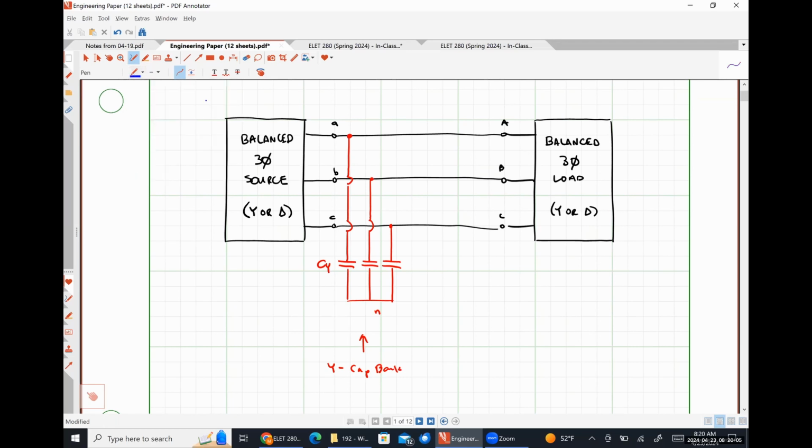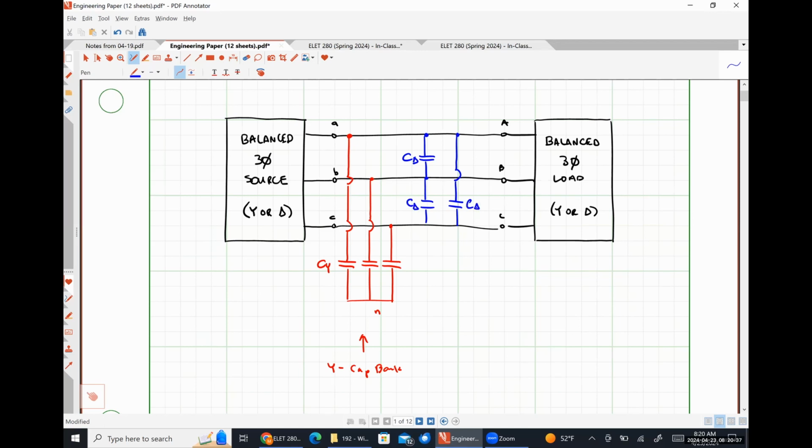And our other option would be a delta-connected capacitor bank, which I'll put over here on the right-hand side. So for our delta-connected bank, we would put a capacitance C delta between the A and B transmission lines, between the B and C transmission lines, as well as between the C and A transmission lines.